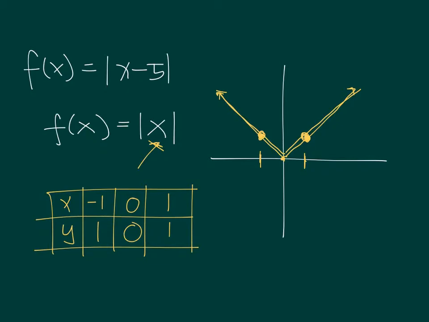Okay, so again, the same idea. Minus 5 means moving the graph of the absolute value of x 5 units to the right. So if this is the original graph, the final graph should be moved 5 units to the right. So 1, 2, 3, 4, 5.